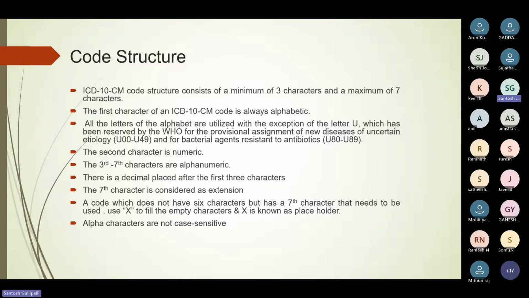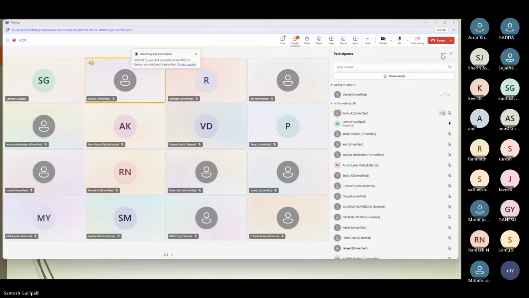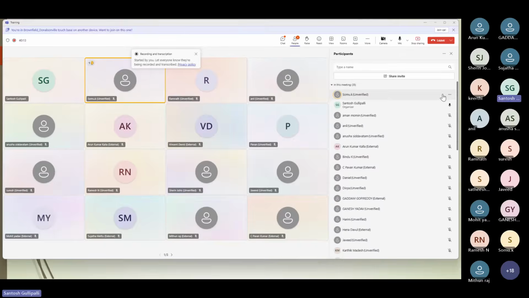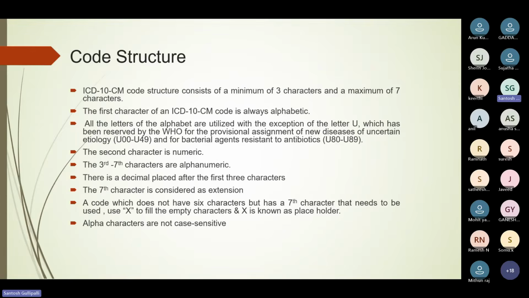Now, bacterial agents resistant to antibiotics. What is meant by a bacterial agent resistant to antibiotics?